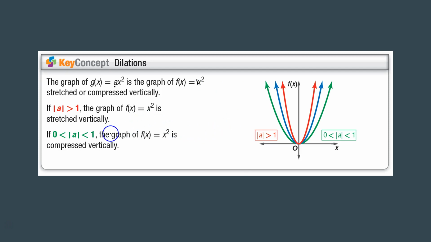As you can see here, if the absolute value of a is greater than 1, then it's stretched vertically. So it's making it smaller because it's getting taller and being stretched out. If 0 is less than the absolute value of a, less than 1, then it is being compressed vertically, which means it's being expanded. It's being made bigger from left to right, as you can see in the picture.